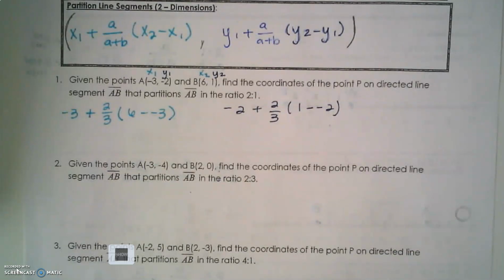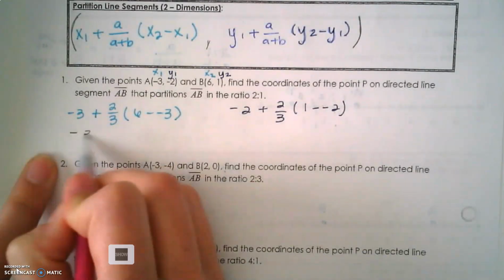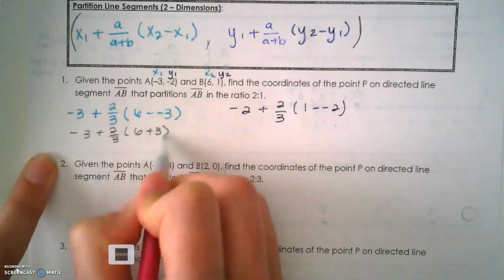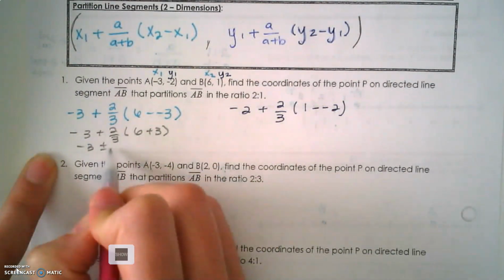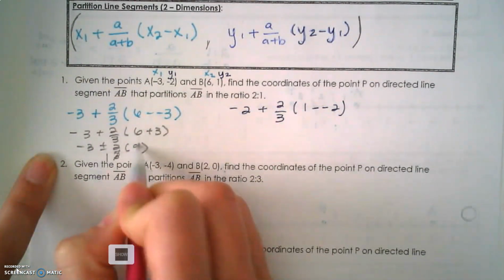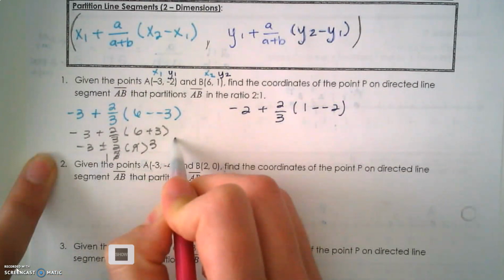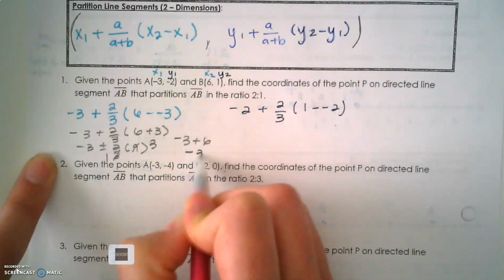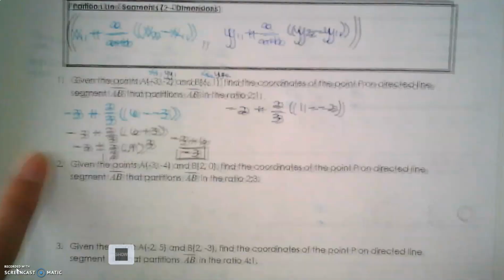So if I'm following this, I'm going to get -3 plus 2/3, 6 plus 3. So -3 plus 2/3 and 9. So that's 1 and 3. So I have -3 plus 6. So -3 is that x value.